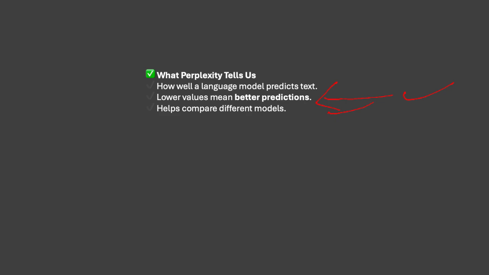But what perplexity doesn't tell you is also very important. If the model generates meaningful or coherent sentences, there is no way perplexity can tell you. And whether the model is diverse in its responses is also not possible through the perplexity score. Also, you cannot tell if the model is biased or hallucinating.